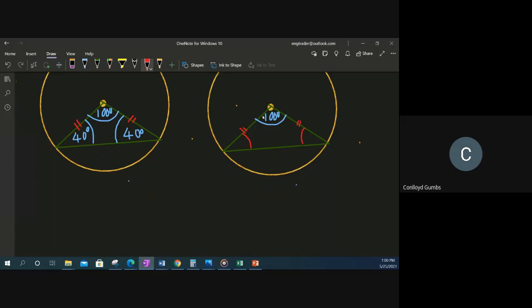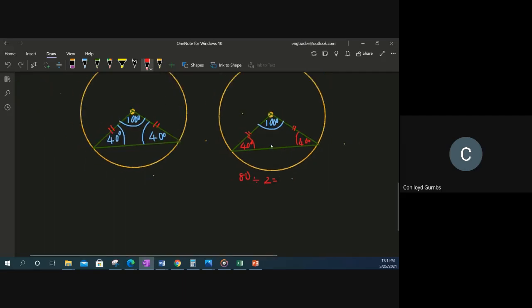I need 80 more, but because I know that these are equal, two of these have to split that 80. So the angles will be 80 divided by 2, which is 40. So here's 40, and here is 40. All right, so that's one situation.